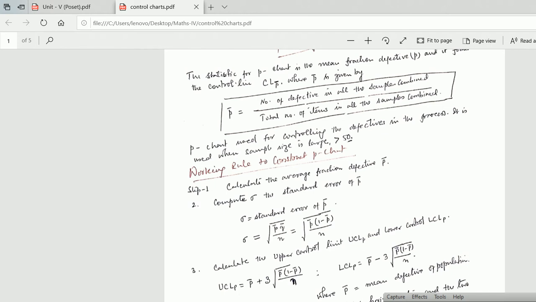P chart is used for controlling the defectives in the process.